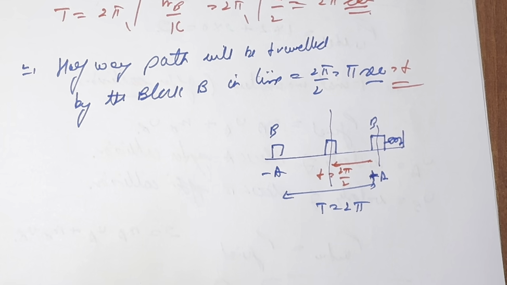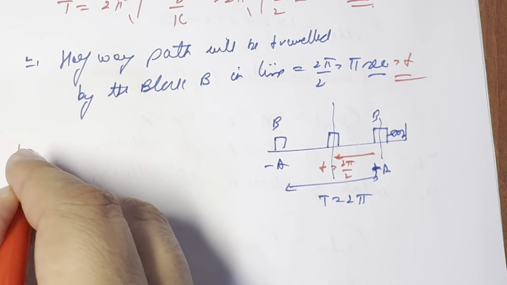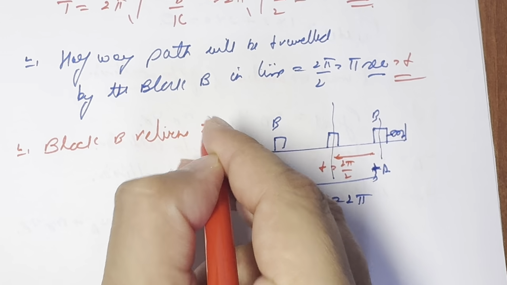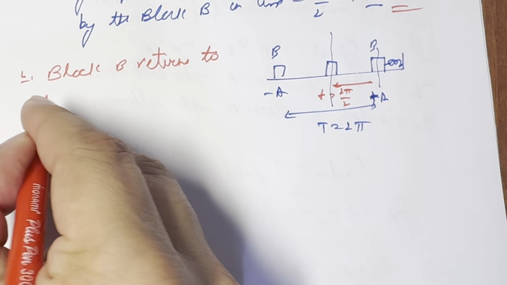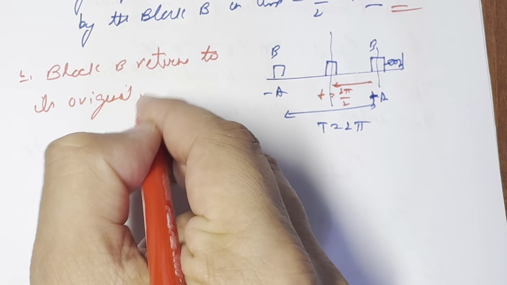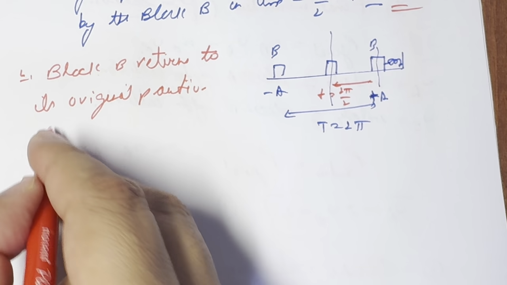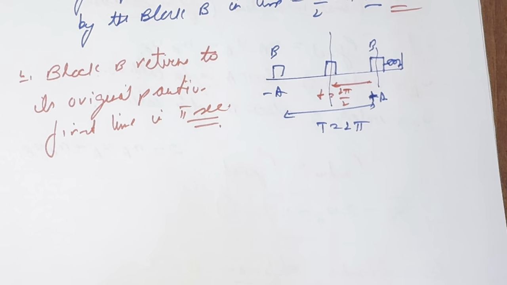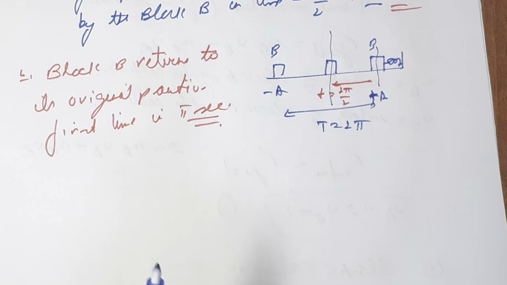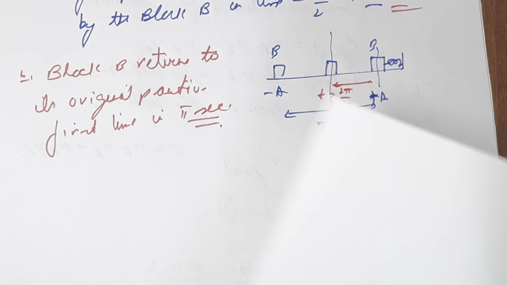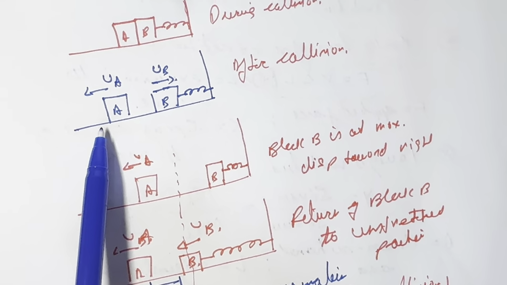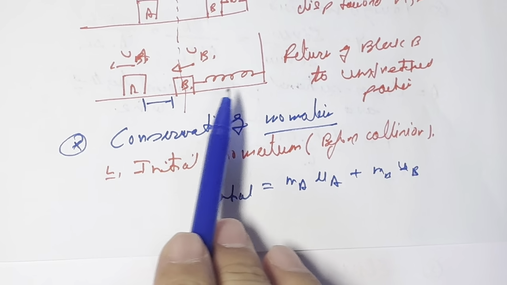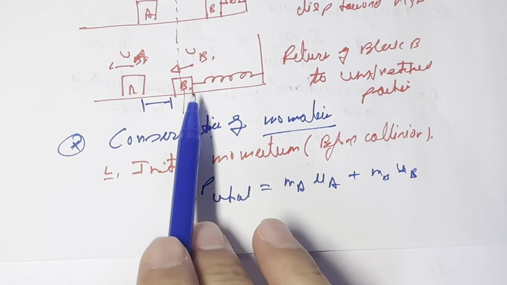So you can say that block B returns to its original position first time in pi seconds. In the figure we also concluded that block A will be moving towards the left after the collision, and block B will also be moving towards the left when it passes through its unstretched position.